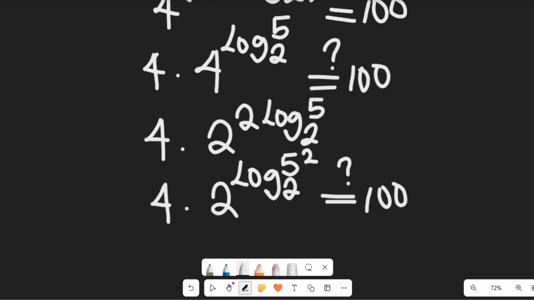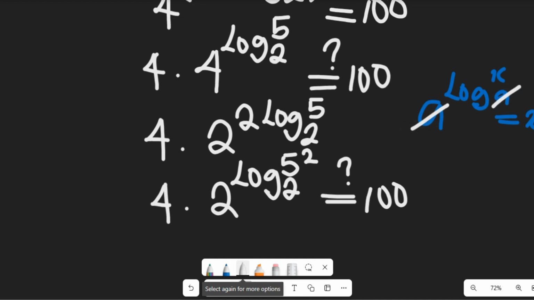Now, can this be able to give me 100? Let's see. From the laws of logarithm, if you have a to the power of log of x base a, this can simply be equal to x. Why? Because a will have to cancel out a, right?